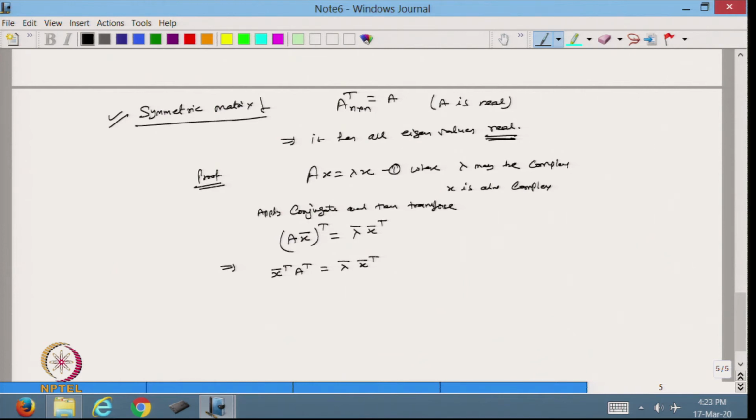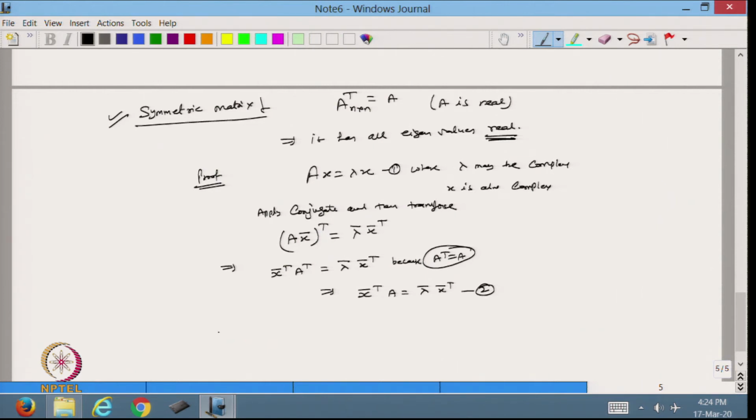Now, from here I know that A transpose is equal to A. So, that gives me x bar transpose A is equal to lambda bar x bar transpose. That equation I write as 2.